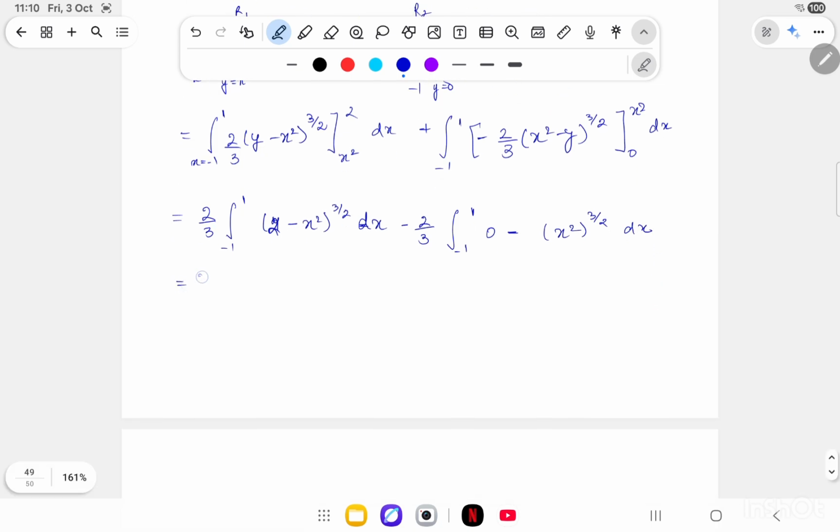So this will be equal to 2 by 3 times the integration from -1 to 1 of 2 minus x square raised to 3 by 2 dx, plus the integration from -1 to 1 of x cube dx.